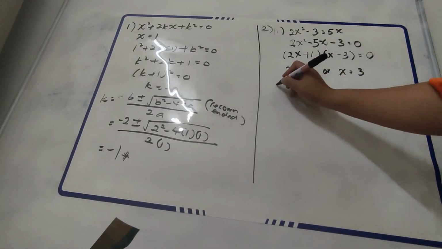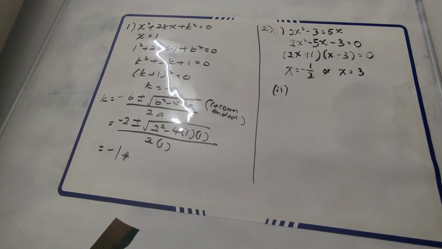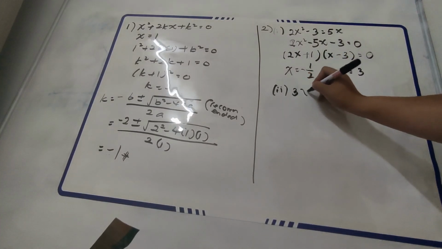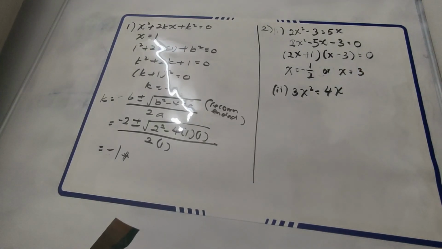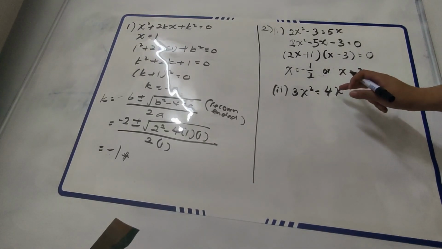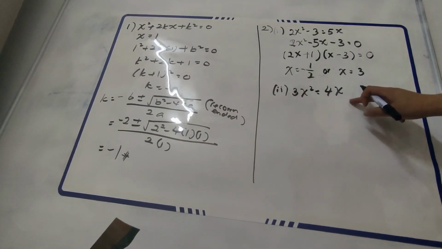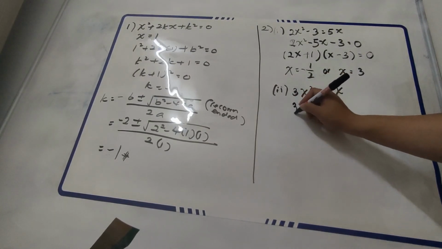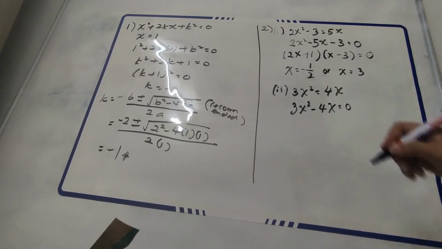And for part 2, we have 3x squared equals 4x. Same, you either move the right hand side variable to the left hand side or the left hand side variable to the right hand side, so it should be 3x squared minus 4x equals 0.